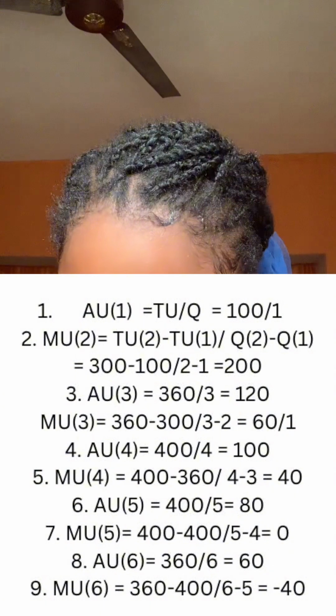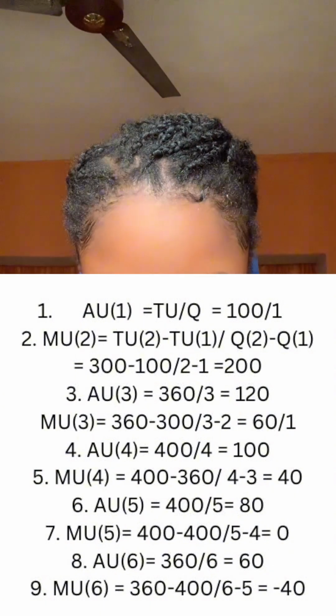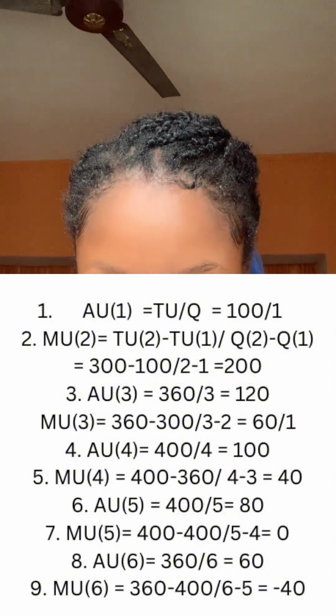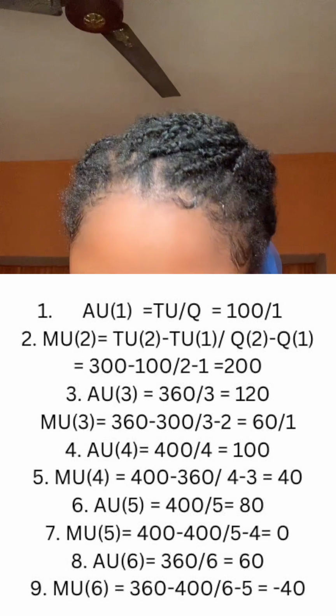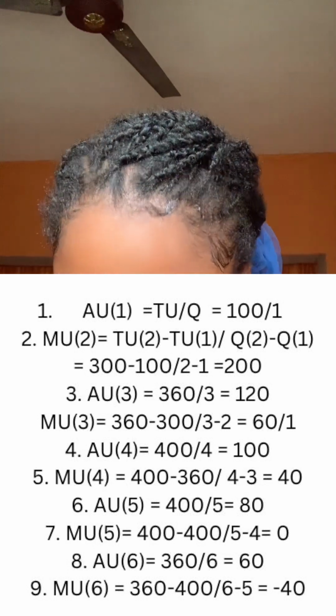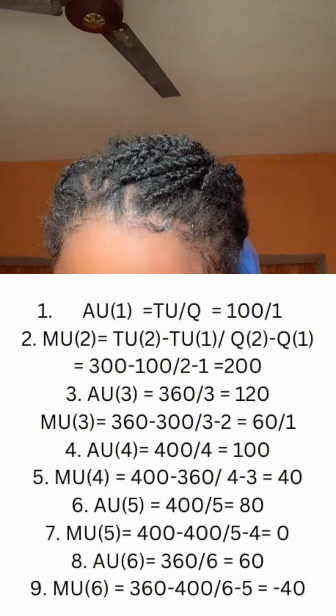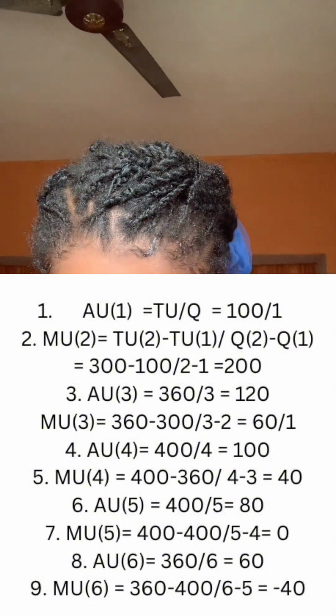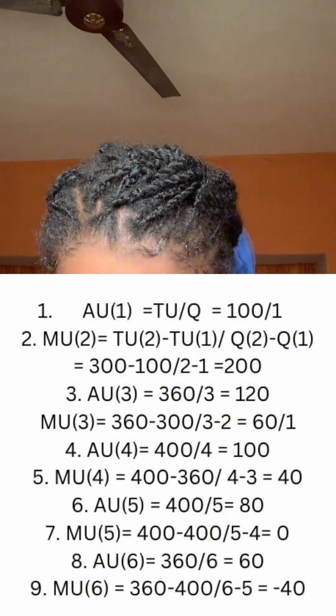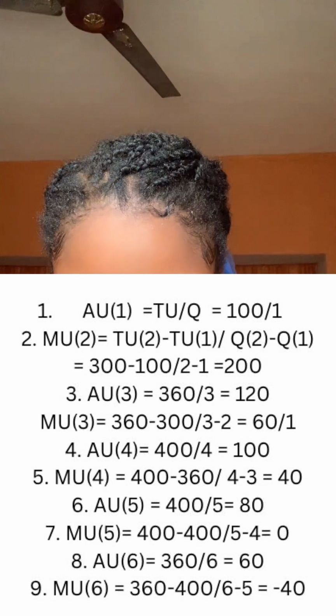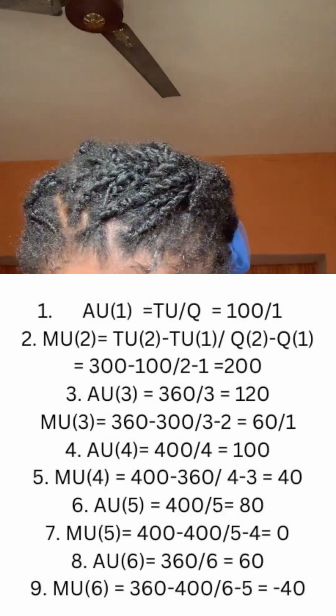Moving down to the quantity of 5. When the quantity was 5, what was the average utility? Average utility, remember, is TU divided by Q. And here we have total utility to be 400. And the quantity was 5, which made average utility 400 divided by 5, which was 80.